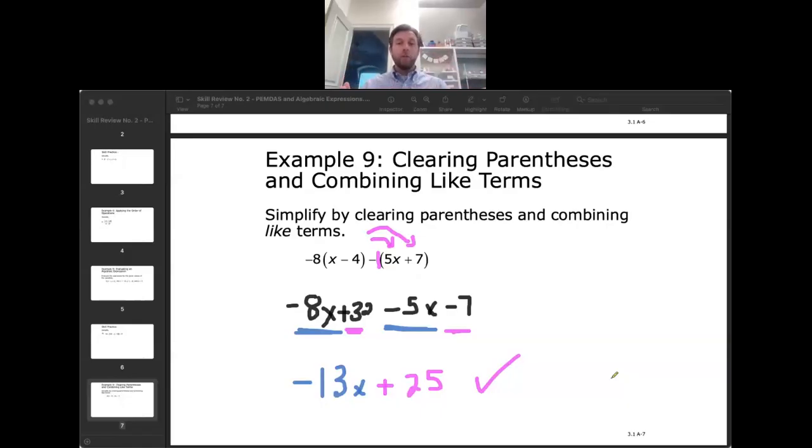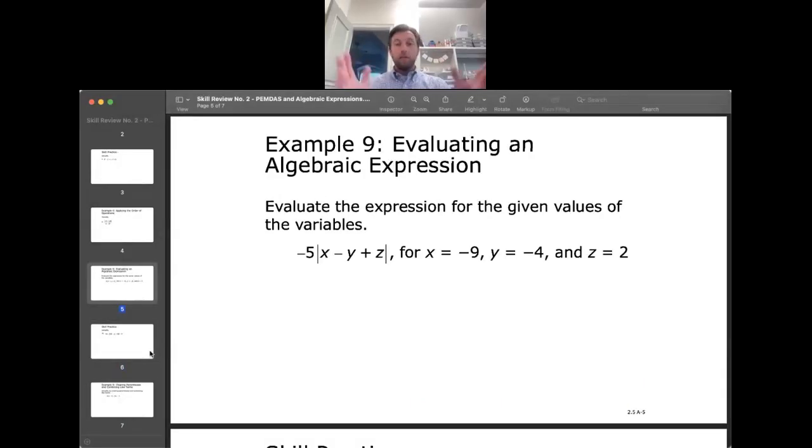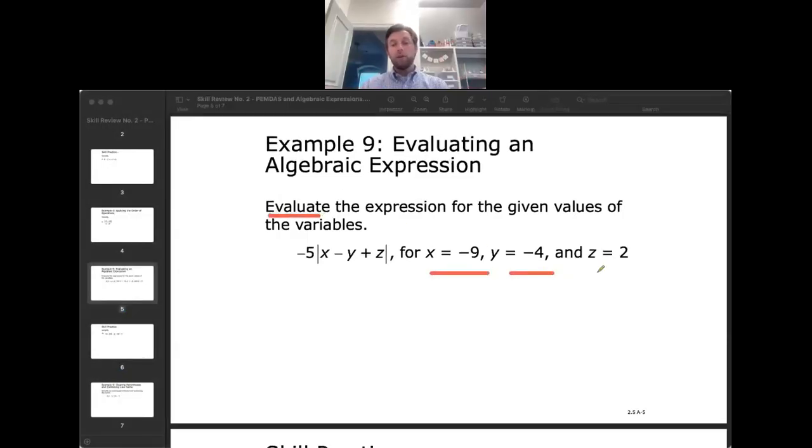Evaluate means what? When you see the word evaluate, they told you what the variables are. So you just plug them in for each of the variables and then apply the order of operations.